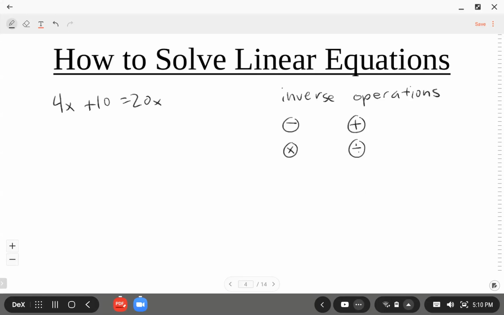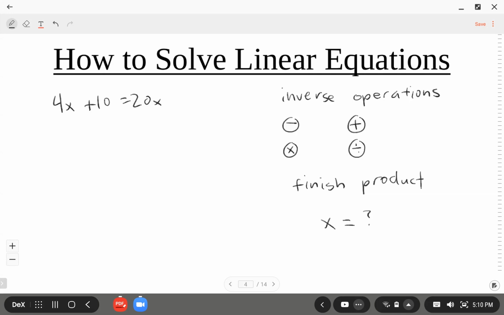The goal of solving a linear equation is to isolate x on one side, and all the numerals and all the other variables on the other side. The finished product should be x equals some number.